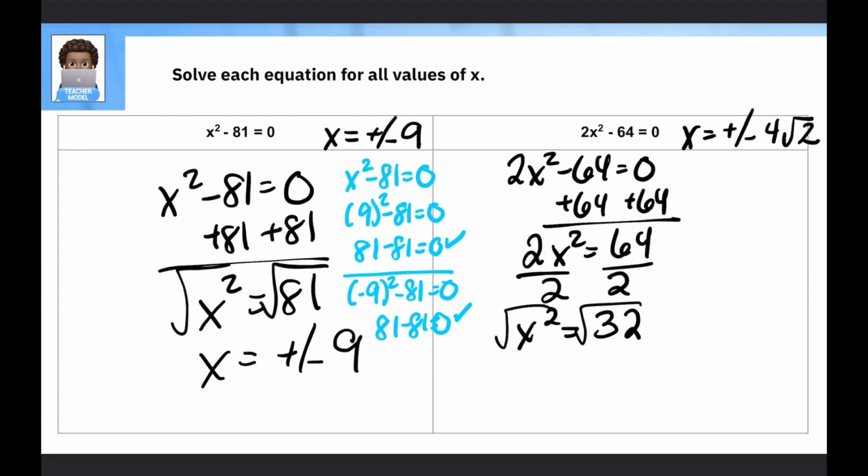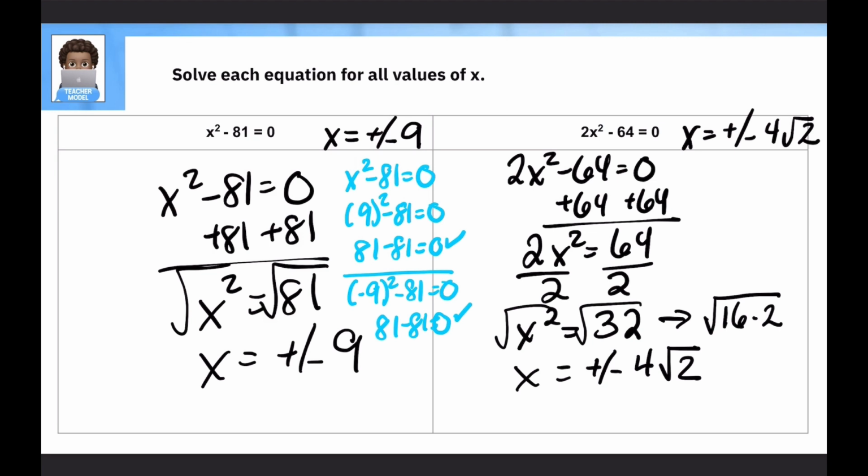So we're going to find the square root of 32. Just find the factors of 32 and see if any are perfect squares. In this case, we know of one. 16 times 2 makes 32, and 16 is a perfect square. So that's how you would get your 4 square root 2.